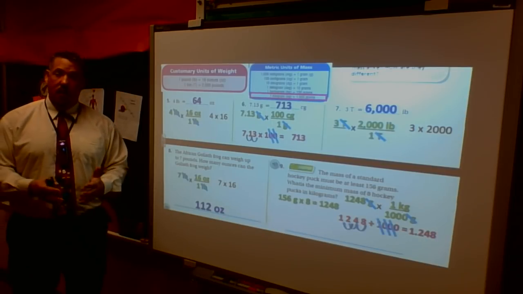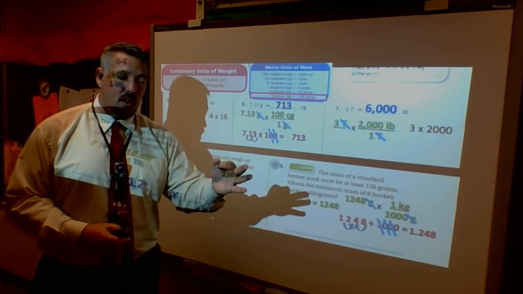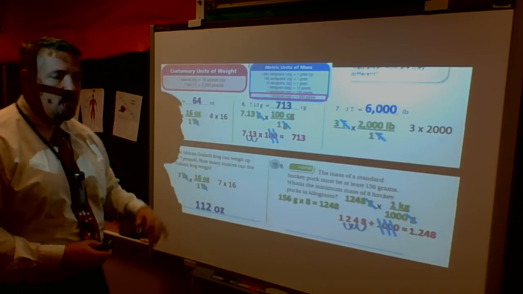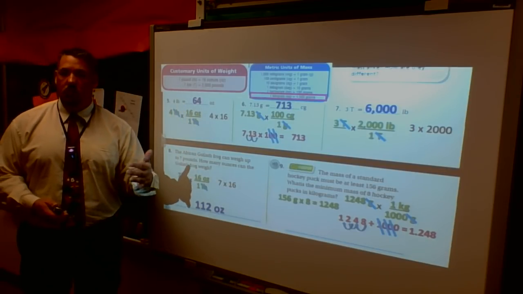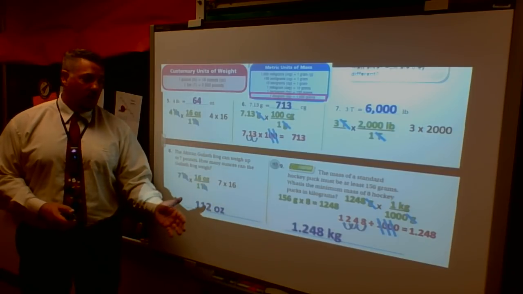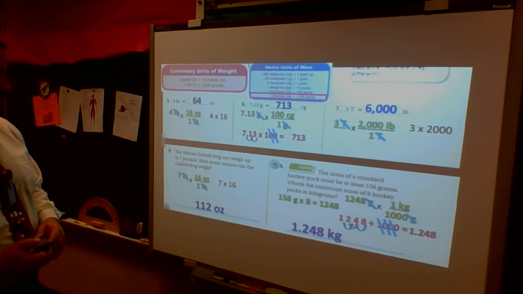Or if I just say I'm dividing by 1,000, that is 3 zeros after the 1, so I shift my decimal 3 times, then I get 1.248, 1 and 248 thousandths of a kilogram. You have to have that label on there in order to get the credit for the label.